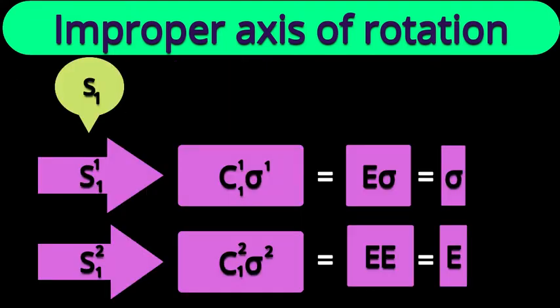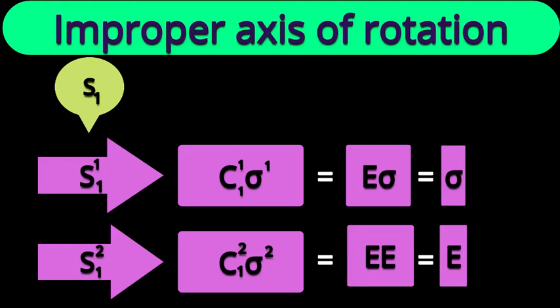Let us observe the possible results for different improper axes of rotation. Let us begin with the improper axis of order 1, meaning the S1 axis. The first operation possible on S1, meaning S1^1, means C1^1 into sigma^1. I simplify it. S1 means the order is 1, so the axis order also will be 1.